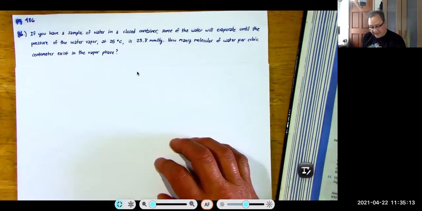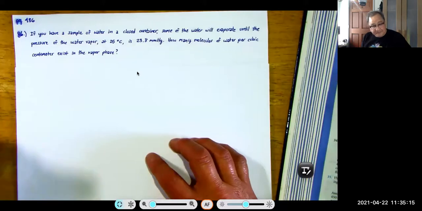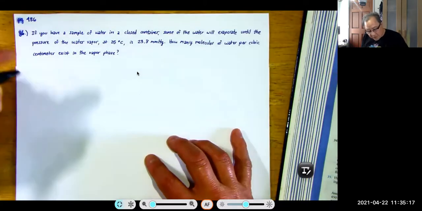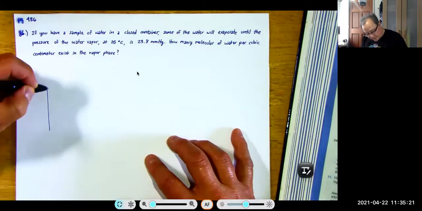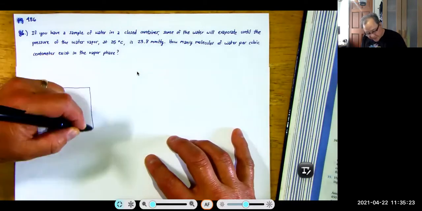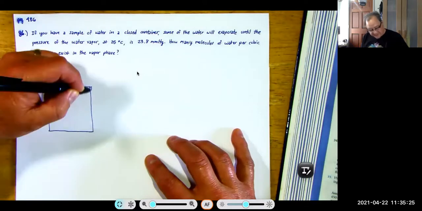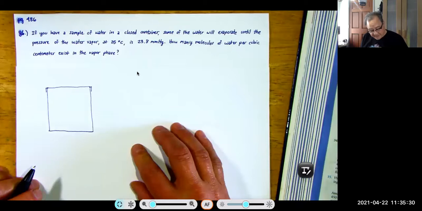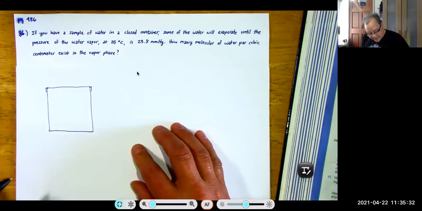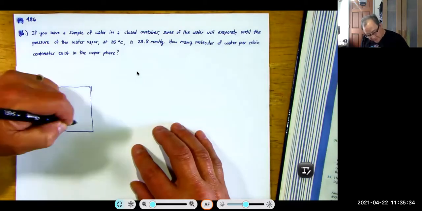Yeah. And let's actually draw this, okay? So here's my closed container. And the reason you know it's closed is because the lid is on. There's the lid. And we put water in here.